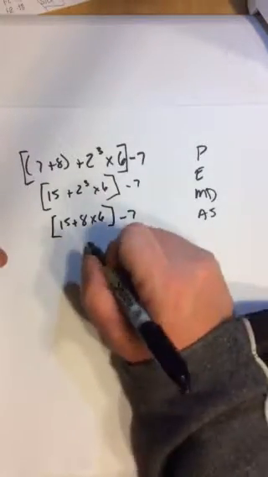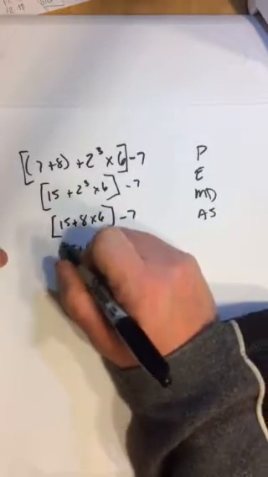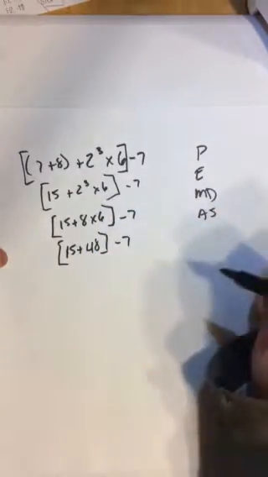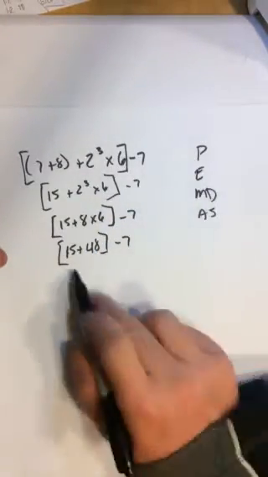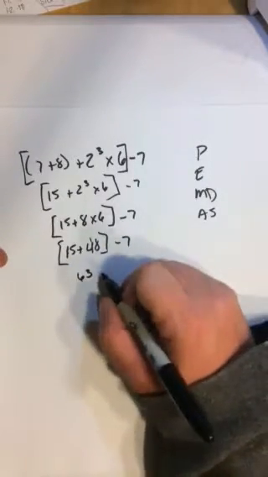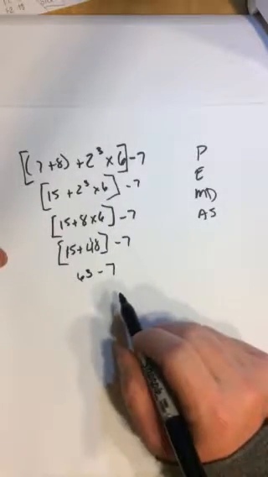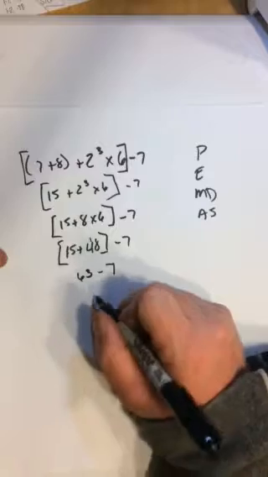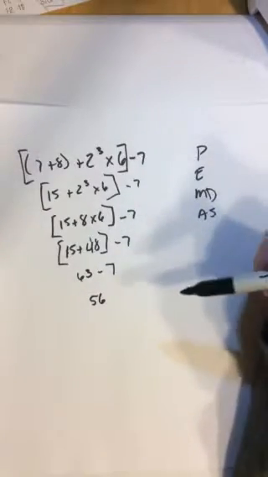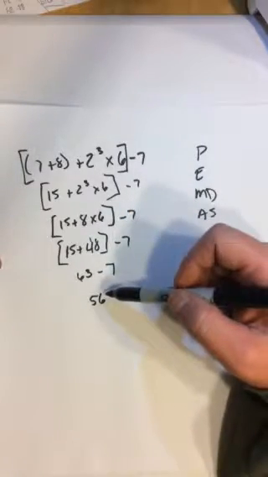So I have 8 times 6, which is 48, plus 15. My braces are still there because I'm not down to just one number. I have an operation in there still. 8 and 5 is 13, carry the 1, that's 63, and I don't have anything left in there, so my brackets can go away. Then I have 63 minus 7 is 56. So in this case, based on where I put my brackets, it didn't change the outcome.